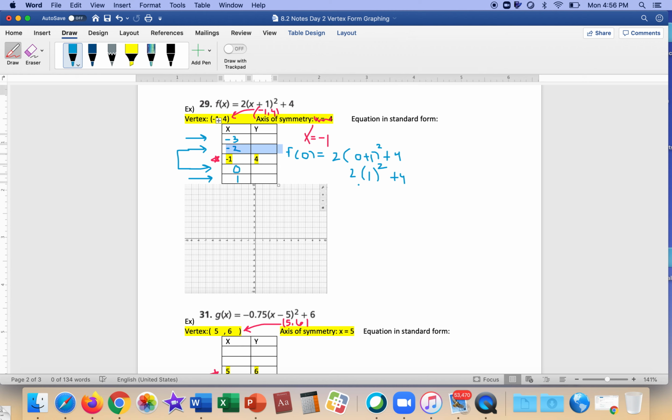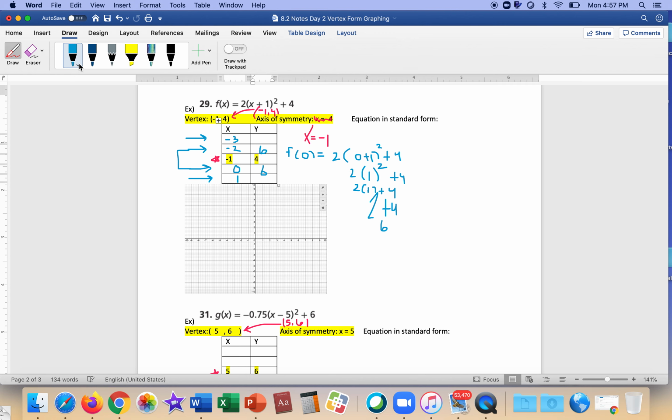Next we do 1 squared is 1, and 2 times 1 is 2, and 2 plus 4 is 6. Now I know that -2 will also be 6, because they're equidistant, -2 and 0, from the center, -1.